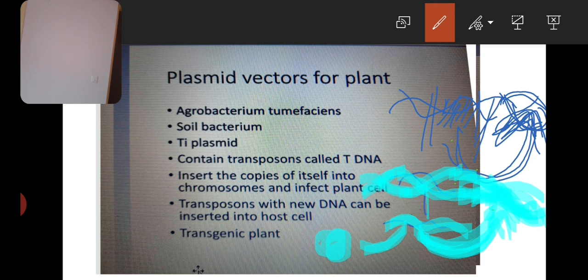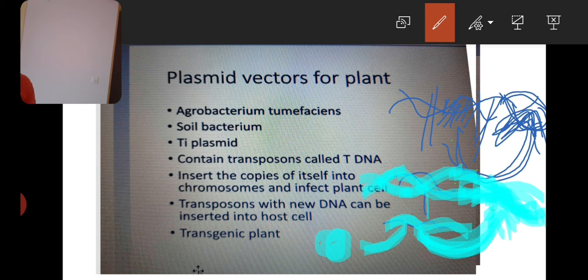So this bacterium has the retrotransposons as well as the DNA transposons.